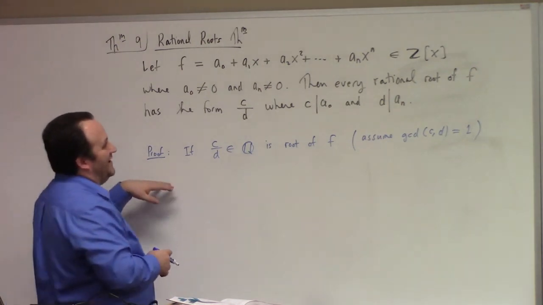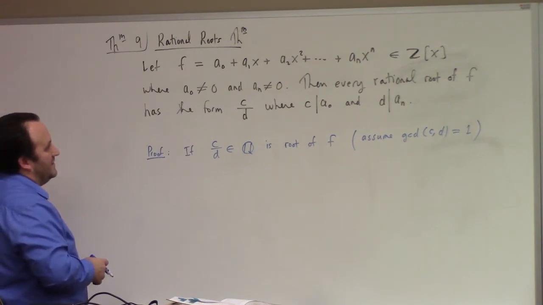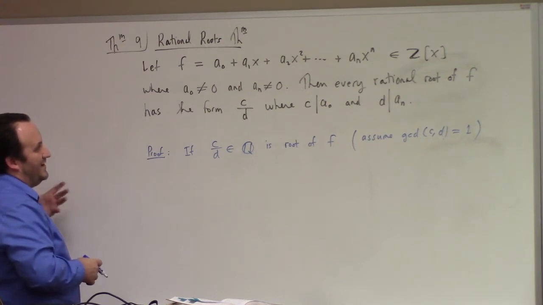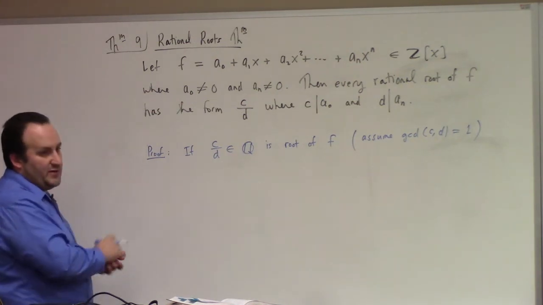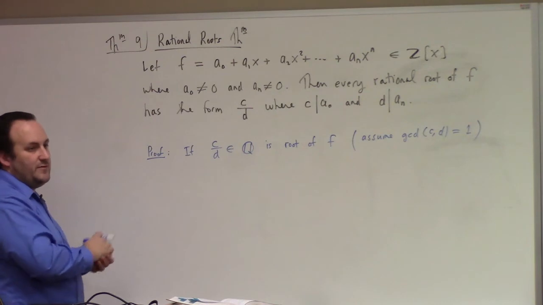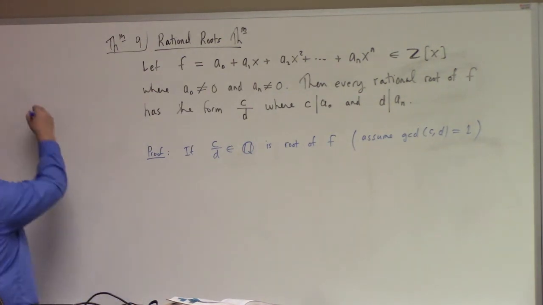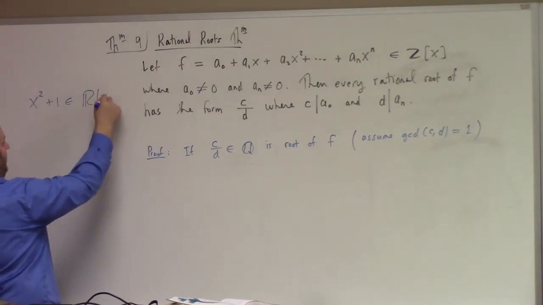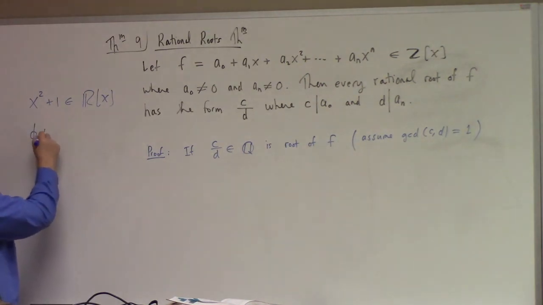This thing drives me a little bit nuts, though it really shouldn't bother me much. There's a natural way of evaluating polynomials on objects which are larger than the given home of the polynomial, right? Like, we could take the real polynomial x squared plus 1, and yet it's very natural to look at phi i of x squared plus 1.